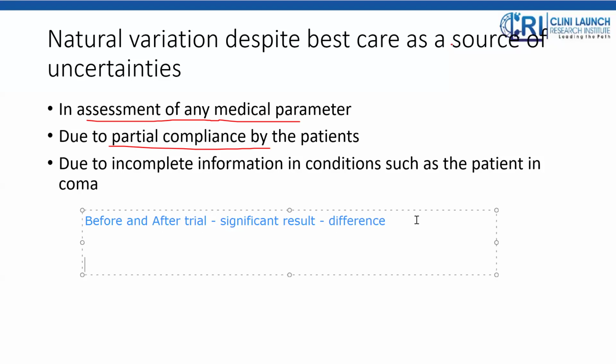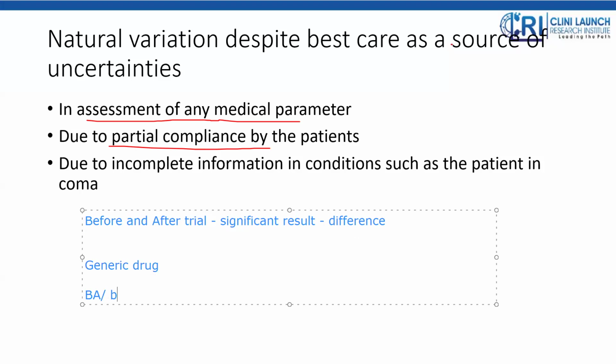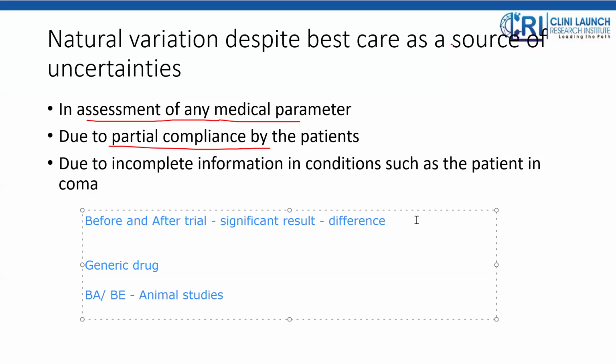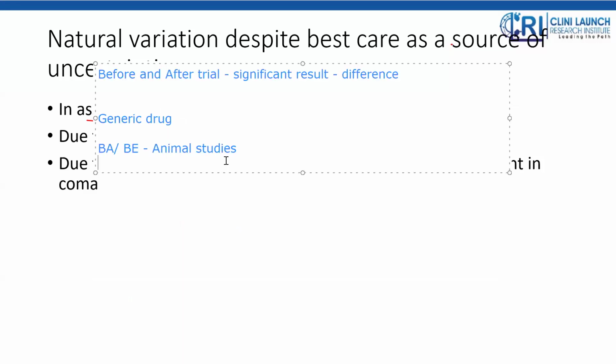But if I'm doing a generic drug, let us say, I am collecting the data on bioavailability, bioequivalence, and using animal studies. I need not do clinical trials for a generic drug. So I am taking 20 mice and I have collected the data.